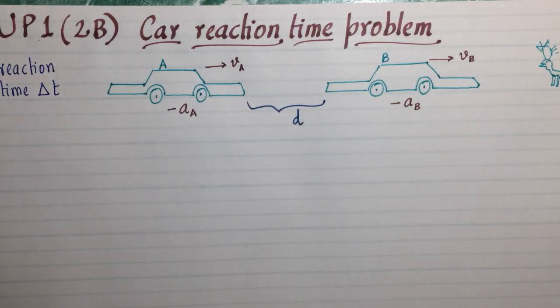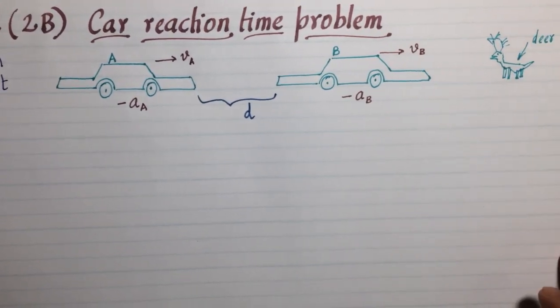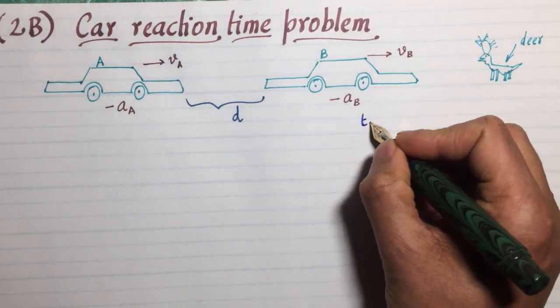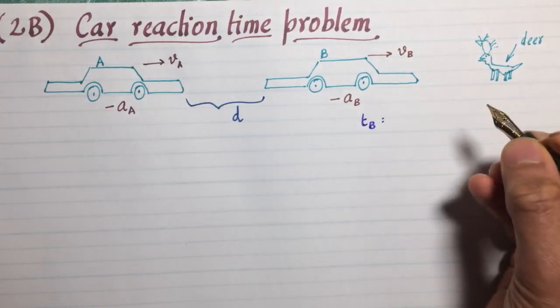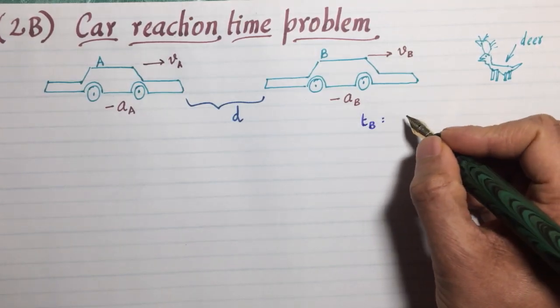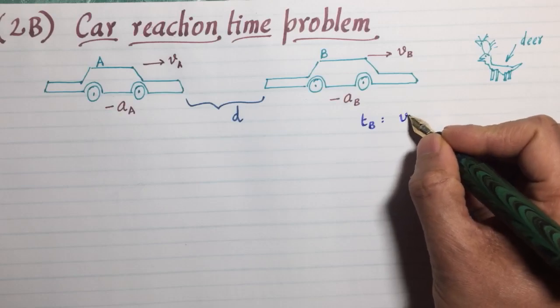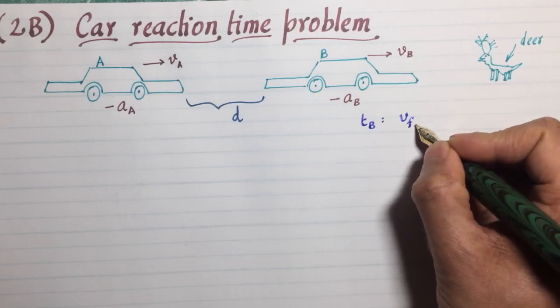All right, to analyze this problem, it is best to consider one of the cars and then apply the same logic to the other car. Let's consider car B. Let's find out the time taken for car B to stop. That time is given by using the first kinematical equation.